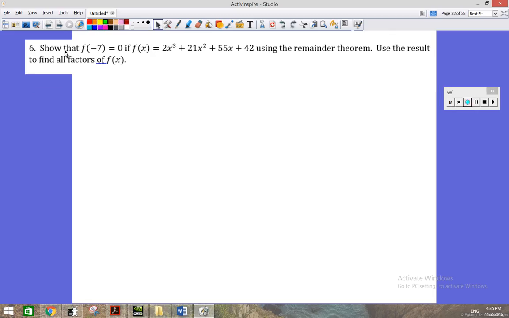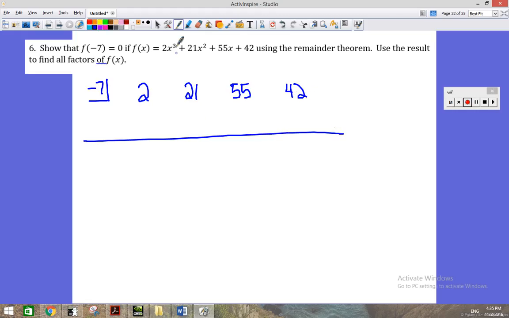All right, I want to show this, so I guess maybe we have some doubt that if I get a remainder of 0, is this in standard form, and make sure I don't have any missing terms. 3, 2, 1, constant. It's in standard form with no missing terms. You know, there's going to be some point where we have a function here that's not in standard form or that has missing terms that we need to fill in a 0 there in order to line the columns up correctly.